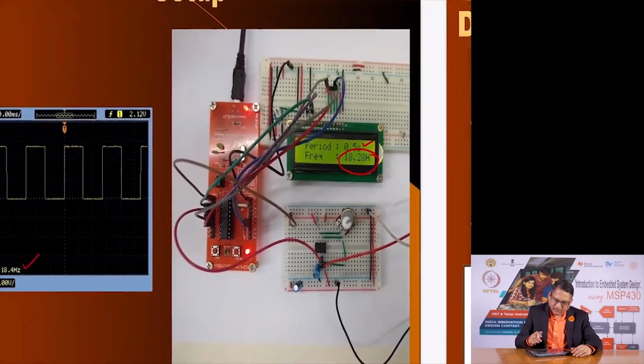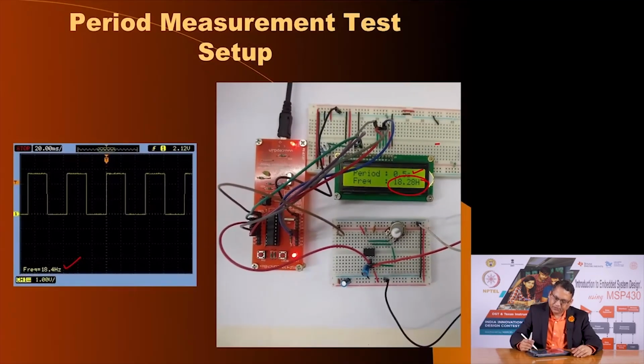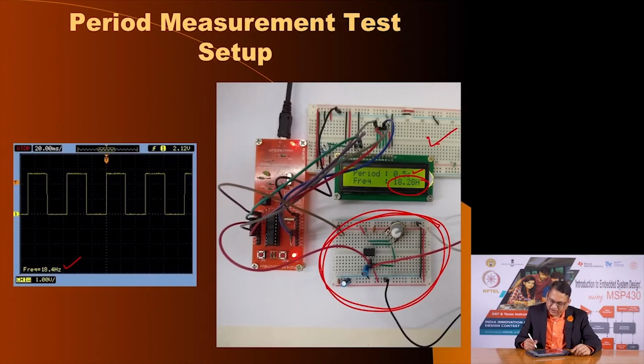Here is the setup for the LCD, and here is the setup for the 7555 to generate the unknown signal. Here is a potentiometer, so that we can vary the frequency and measure it on P1.2 and display the value here. This is the setup for the period measurement.